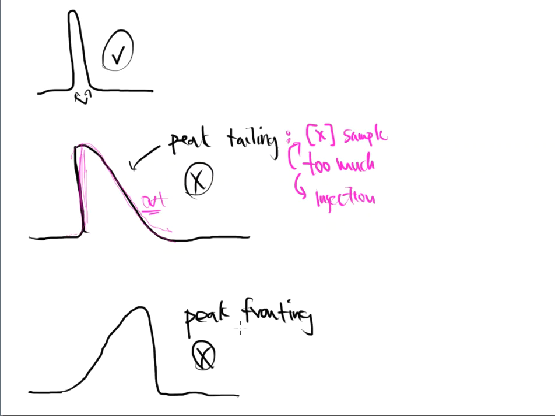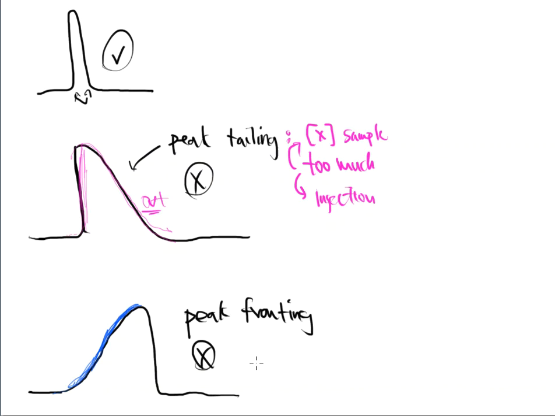The peak fronting is also a problem, and typically it's due to something completely different than the above case, right? The peak fronting basically means that this component, as it comes off of the column, is taking its time in the column itself, and not everything is really coming out at one time.